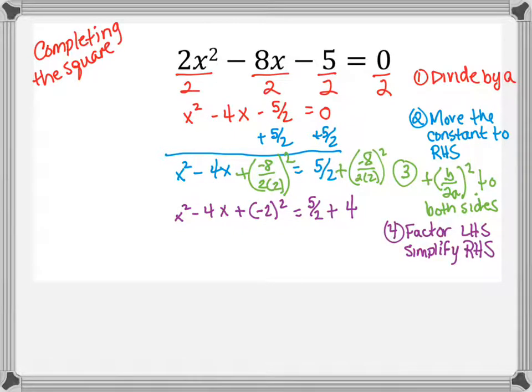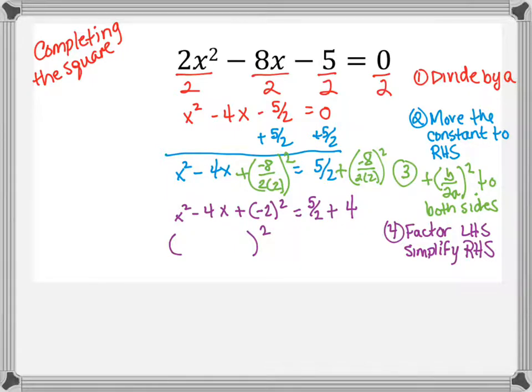So our next step is to factor the left-hand side, the LHS, and then simplify the right-hand side. The reason why we added that term in step 3 is because now the left-hand side will become very easy to factor, and it will always factor in the same way. I can put one set of parentheses with a squared on the outside.